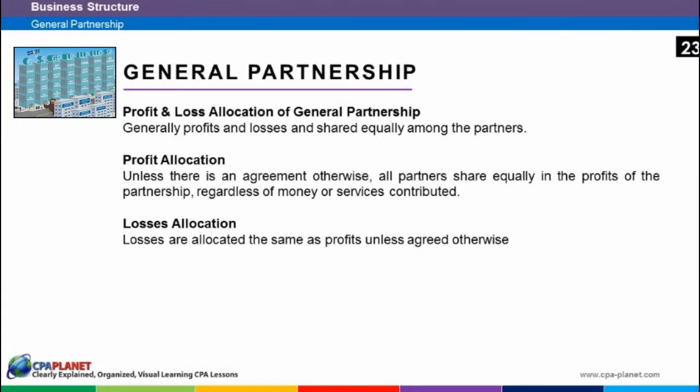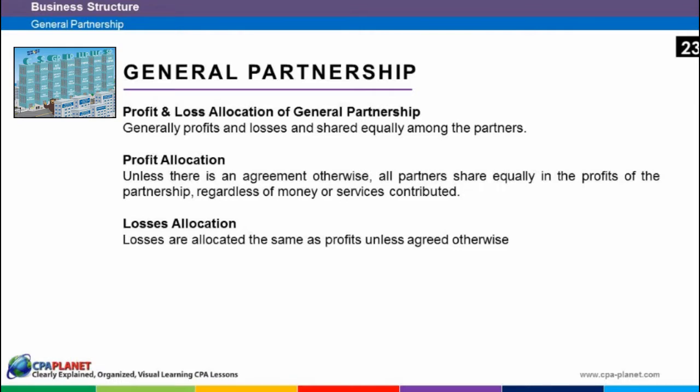Profit and loss allocation: generally shared equally unless agreed otherwise. The CPA exam may well ask you about this. General partnership, profit and loss generally equal. That's profit. Loss is much more likely to be asked. Losses are allocated the same as profits unless agreed otherwise. So if the 3 partners have an agreement, they're going to split it 20%, 20%, and 60%.